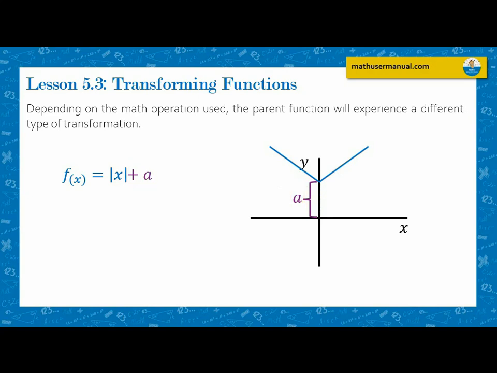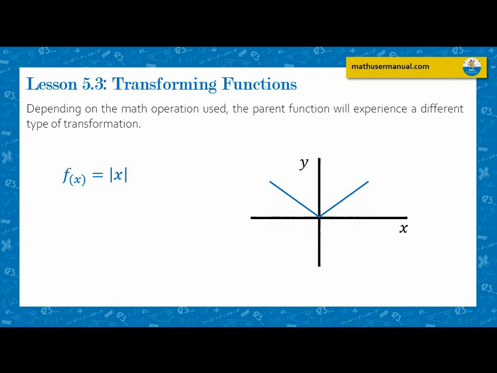Every time we have additions or subtractions outside of the function, it's a vertical shift, and we always move in the same direction. If we have a negative a, then we move downwards. Positive a upwards, negative a downwards. So we keep it consistent. For the vertical transformations, if we have positive, we move positive. If we have negative, we move negative.